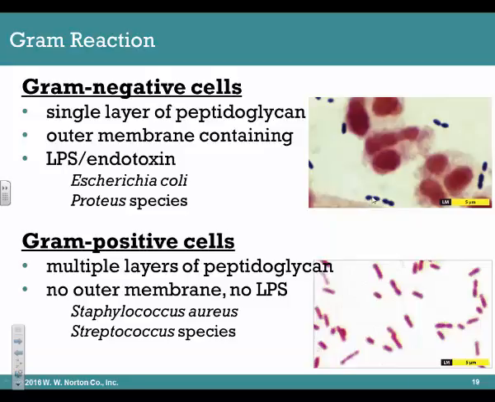These almost round, very short cells are probably Streptococcus species, and they retain the purple color and are gram-positive.